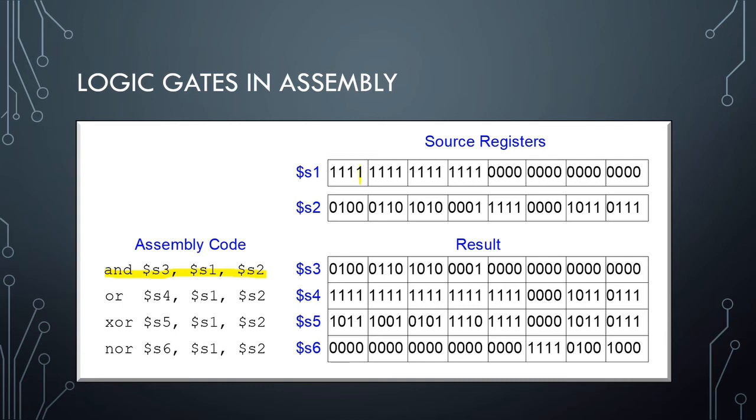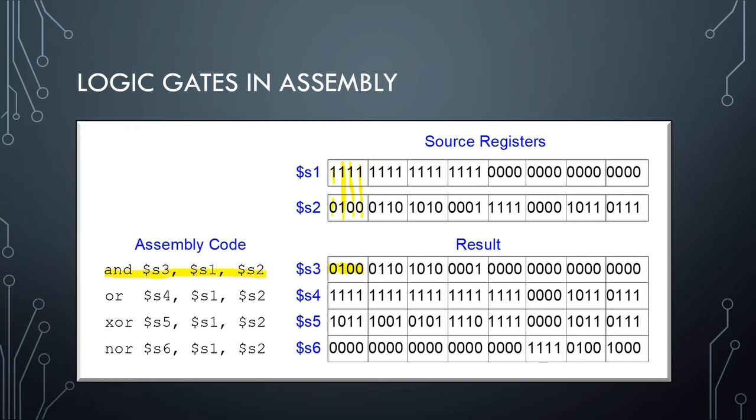Remember, in an AND operation, both inputs have to be 1 for a positive output. So 1 and 0 does not fulfill that, and the output is 0. Same for the second and third rows. This one does fulfill the requirements: both register 1 and register 2 have a value of 1, so the result in register 3 will be 1.